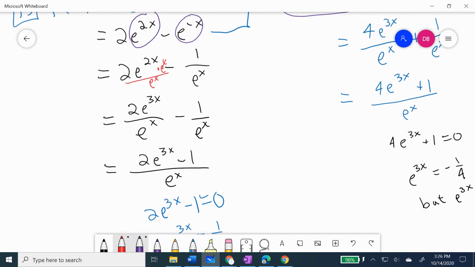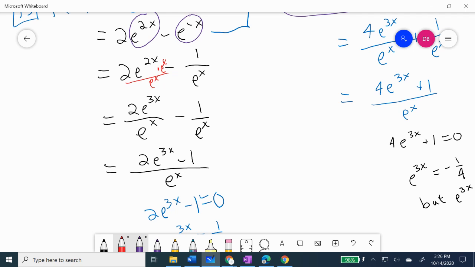So that makes my numerator 2e to the 3x minus 1 over the common denominator e to the x. Now, I need to find my critical numbers. That means anywhere that the numerator is equal to 0, or also anywhere the denominator is equal to 0, because that would make it undefined.